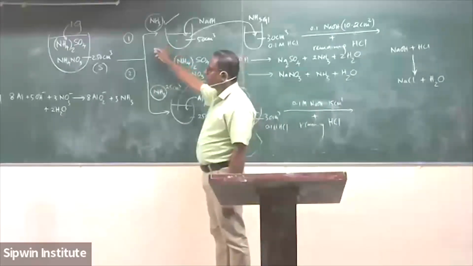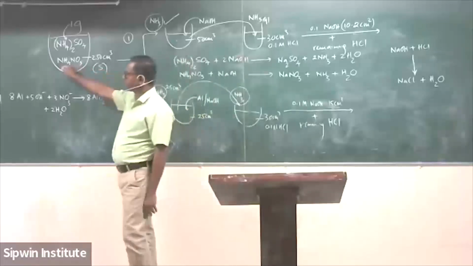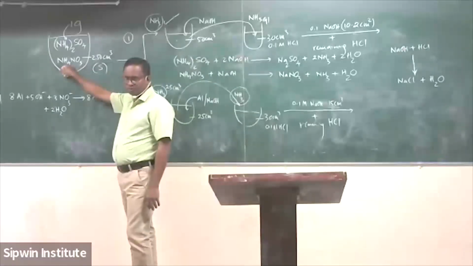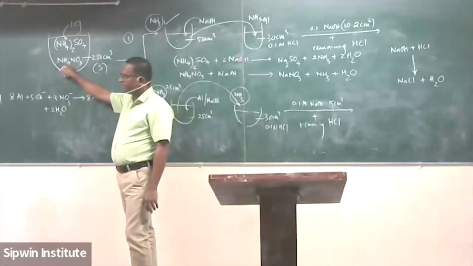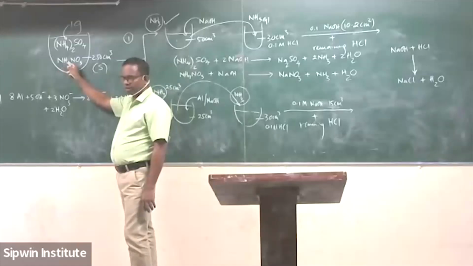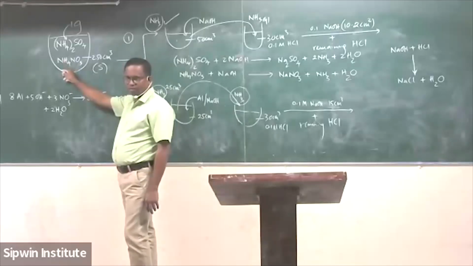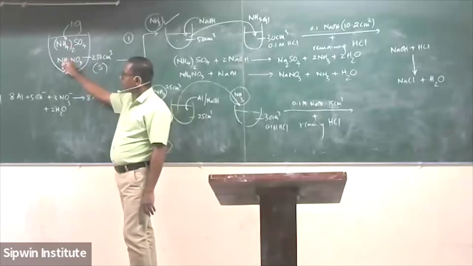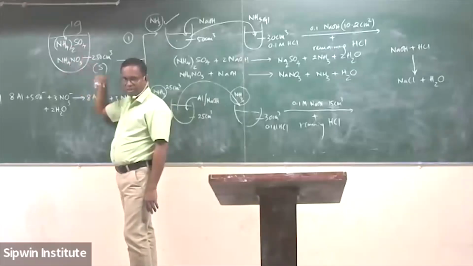Now ammonium nitrate known. Then the ammonia given by 50 cubic centimeters, we consider 50 cubic centimeter here.